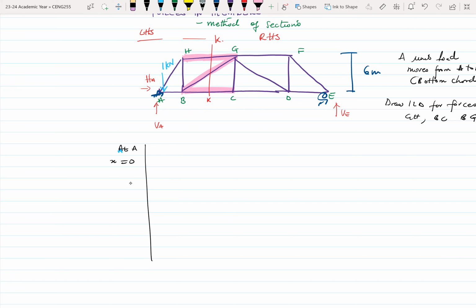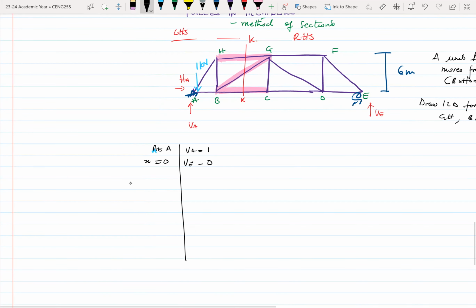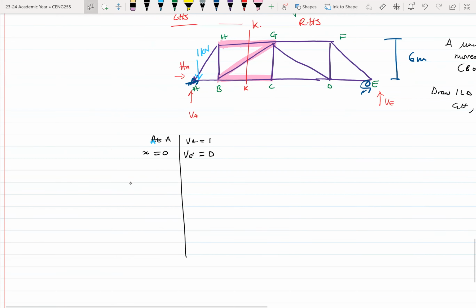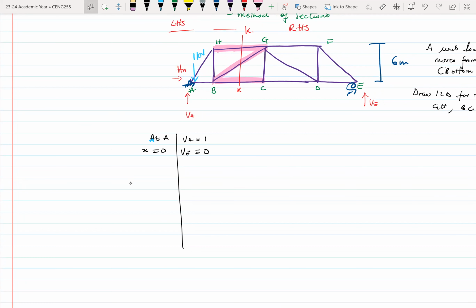When the load is at A, our VA is equal to 1, and our VE is equal to 0, which we have already established from previous calculations. So our VA is 1 kilonewton, our VE is 0. That we already know.